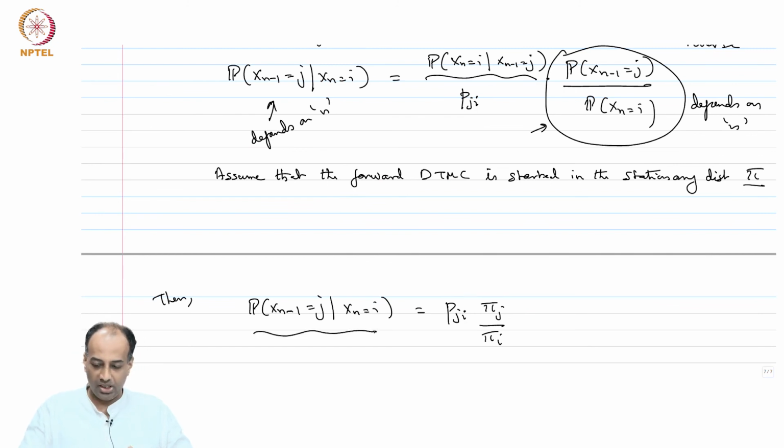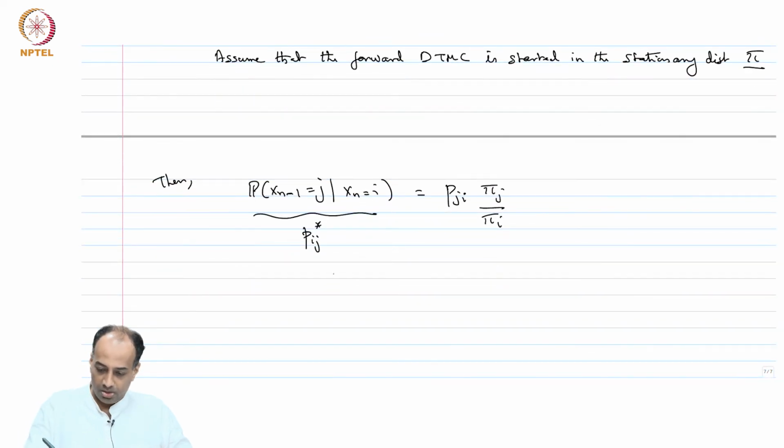So, this is the transition probability of the reverse Markov chain, P_ij star, just to denote that it is not the original chain, it is the reverse chain, I am denoting it by a star. P_ij star is the probability of transition from i to j in the reverse chain, and that is equal to p_ji, which is the forward transition probability from j to i, times pi_j over pi_i, where the stationary distribution is assumed to exist.